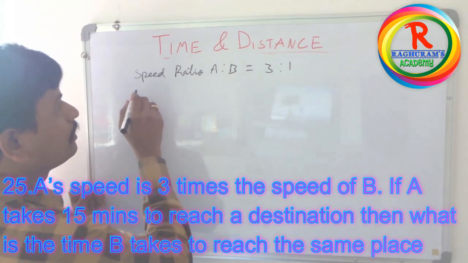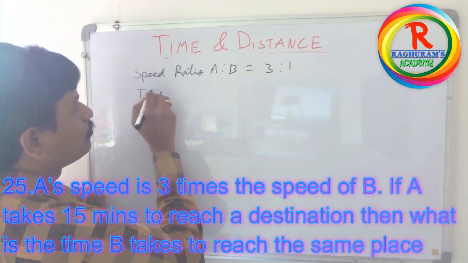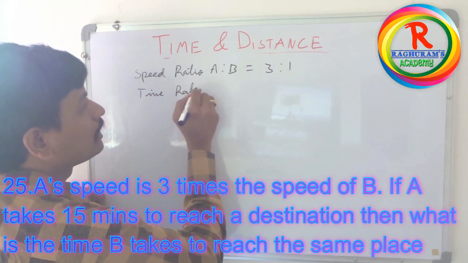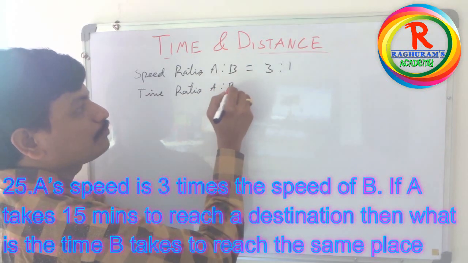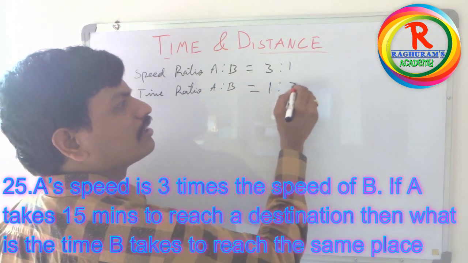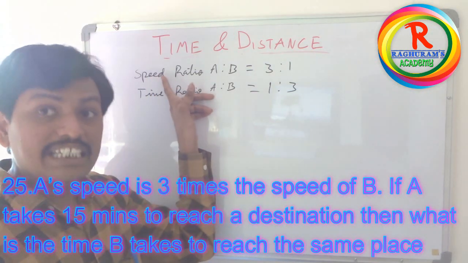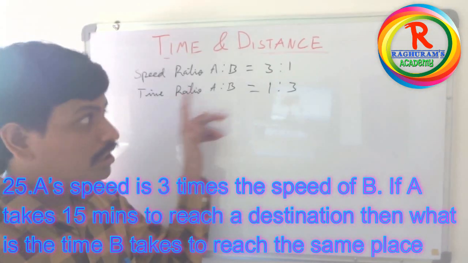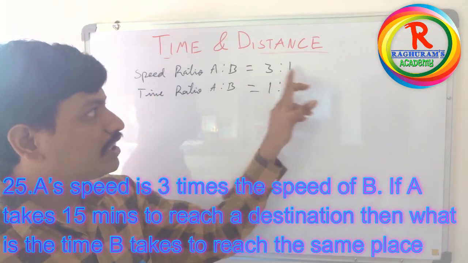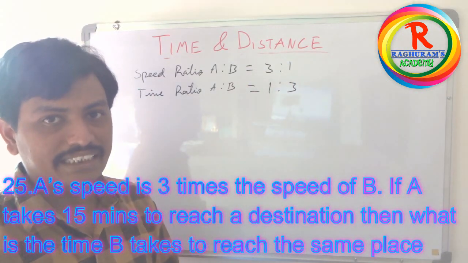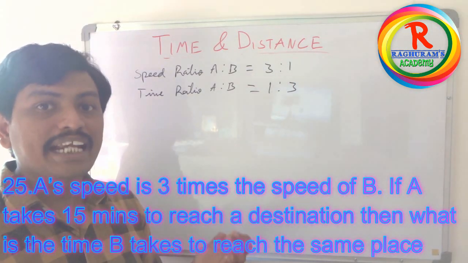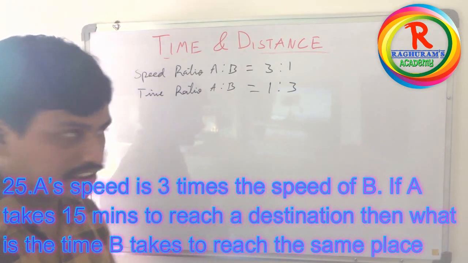Similarly, we can find the time ratio. The time ratio A:B is nothing but, so we know the ratio of speed. Speed is always inversely proportional to time. So we take the reciprocal of 3:1, that is 1:3. What is given? If A takes 15 minutes to reach the destination.